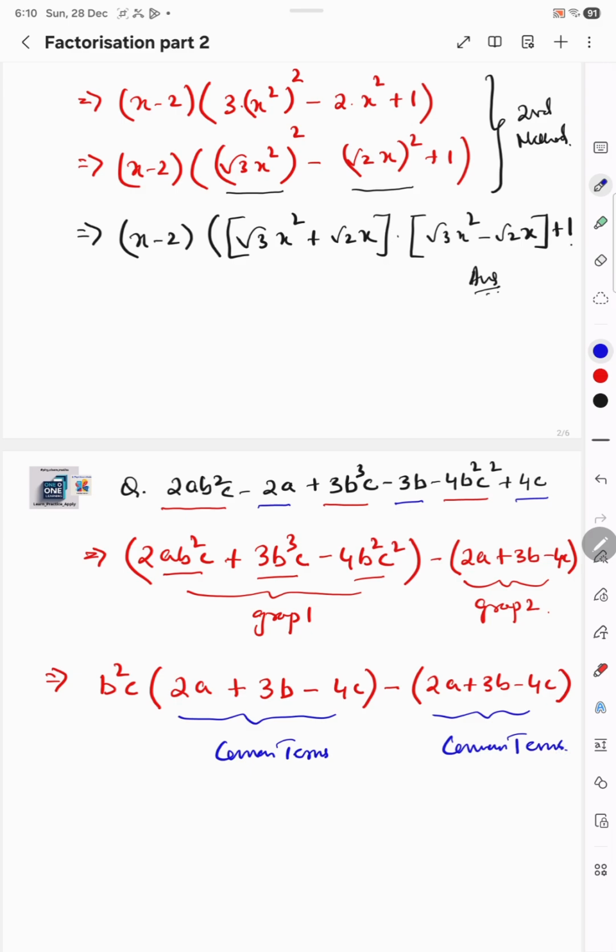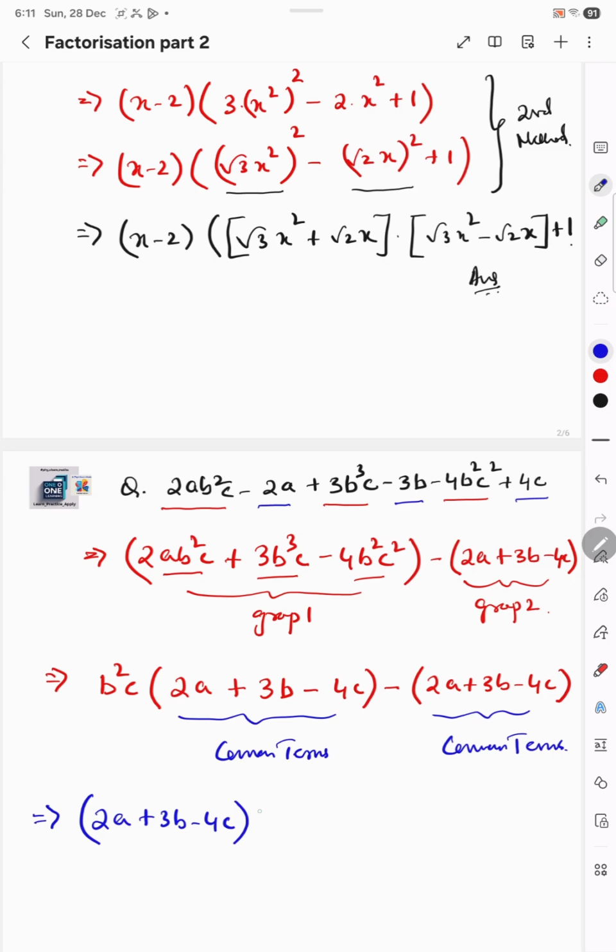So let's try to take this outside the group. So first we'll take this common part, 2a plus 3b minus 4c.